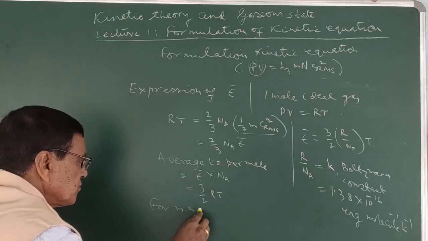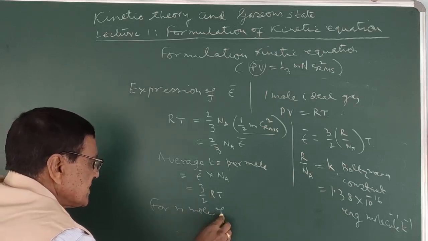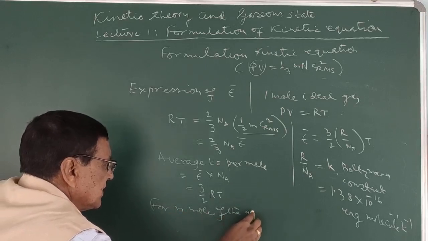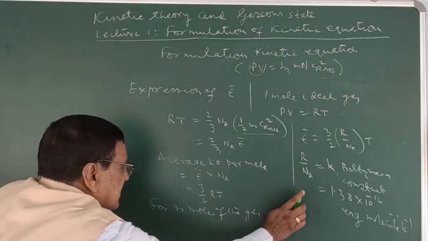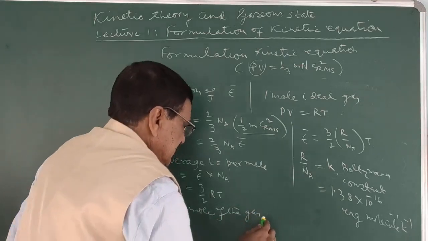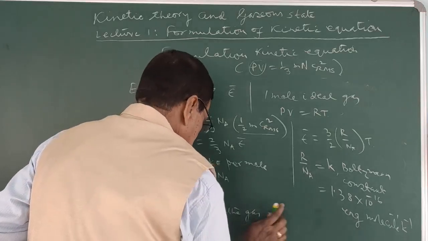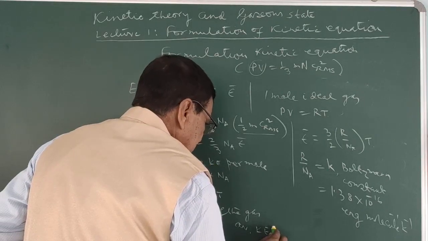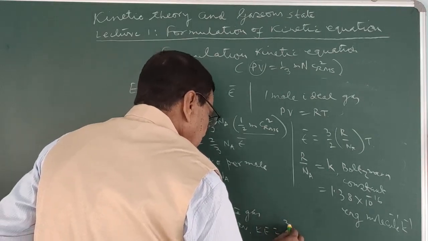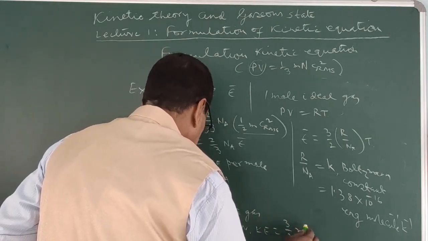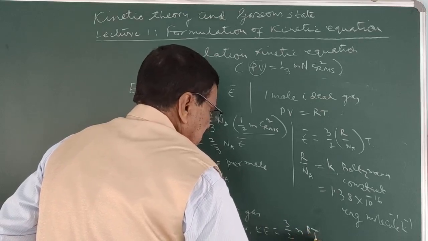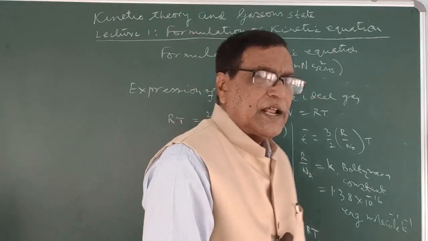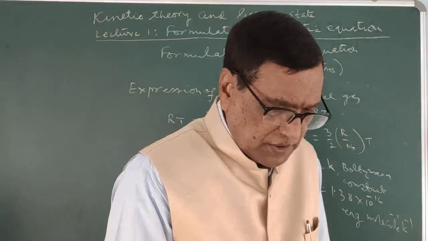For n moles of the gas, this average kinetic energy equals 3 by 2 nRT, where n is the number of moles of the gas present in this vessel.